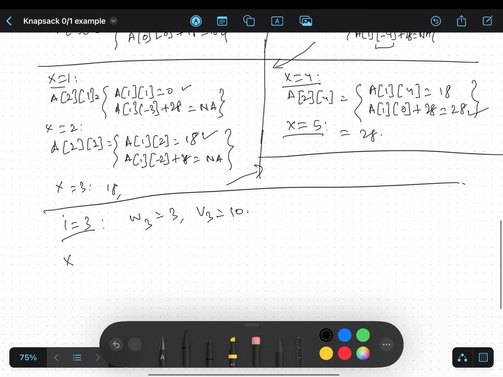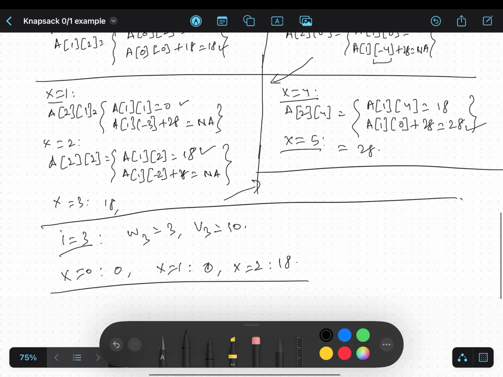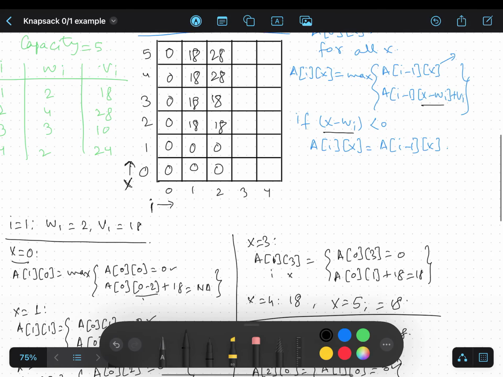So then x equal to 0 will come out to be 0, x 1 will come out to be 0, and x 2 will come out to be 18. So let's skip these 3 and move on to the next. So let's say this is 0, 0 and 18.